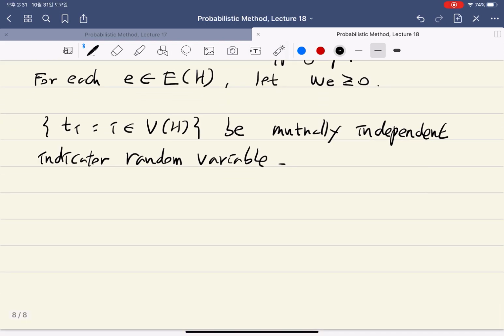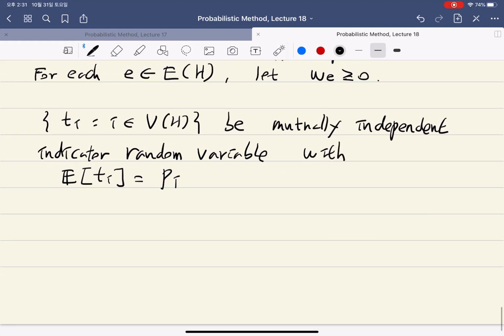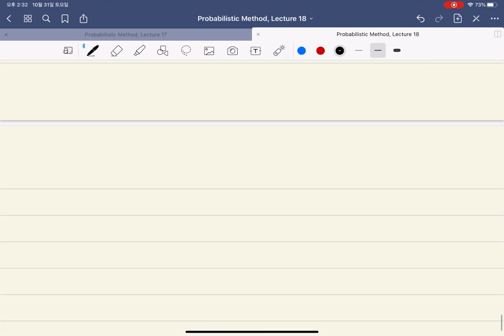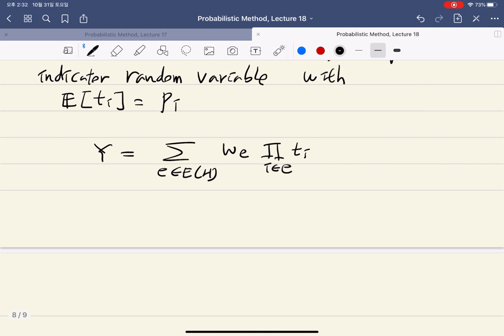So this is a variable taking value 0 or 1, where it is 1 with probability p_i. And now we want to consider Y as, for each e in this hypergraph, we multiply the random variables inside this e, and we put this coefficient.